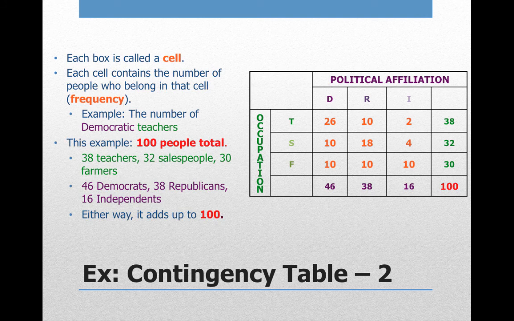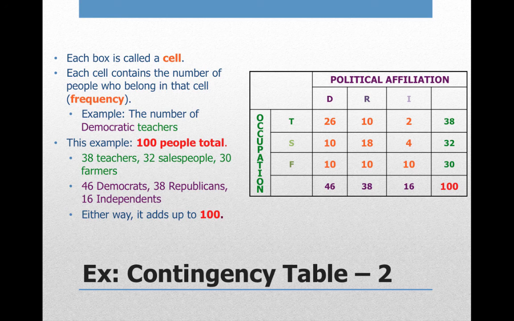And so really, we see that we have 38 teachers, 32 salespeople, 30 farmers, and this is all the way on the margin of the rows. And we can look at the very bottom row for the columns and see we have 46 Democrats, 38 Republicans, and 16 independents. If we add up all the occupations, that adds up to 100 people.